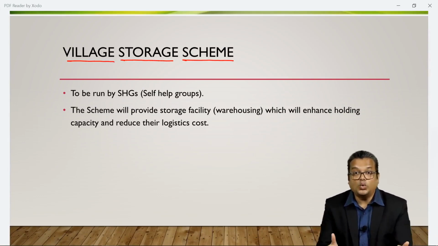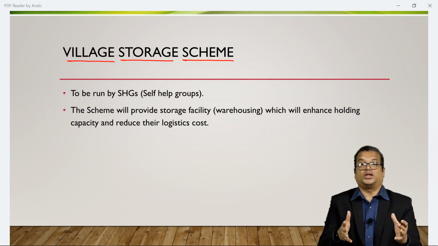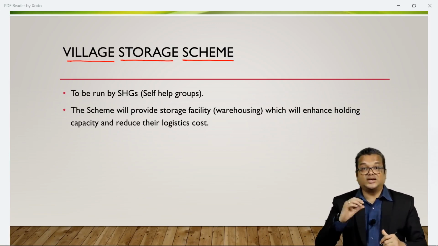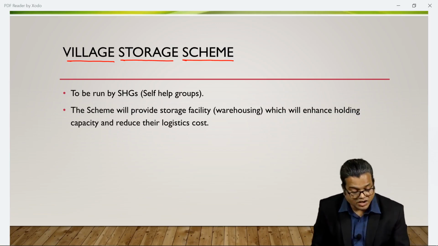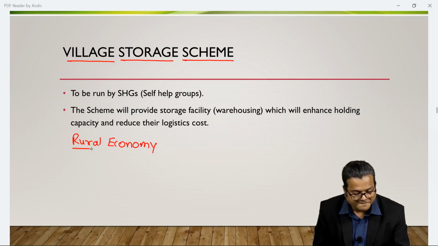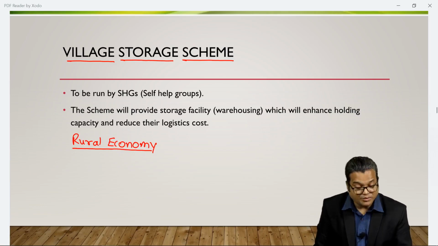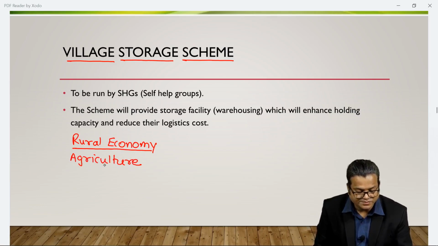We all know that though the level of urbanization is increasing, it is still said that India is a rural economy. And when we talk about a rural economy, obviously the backbone is what? Agriculture.